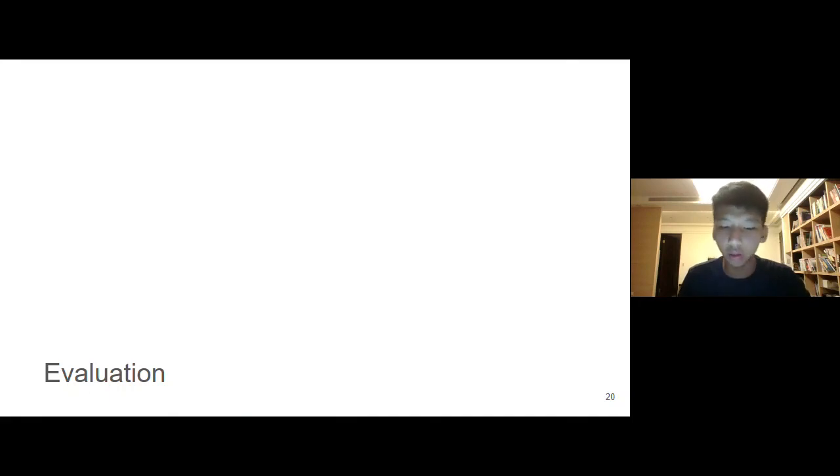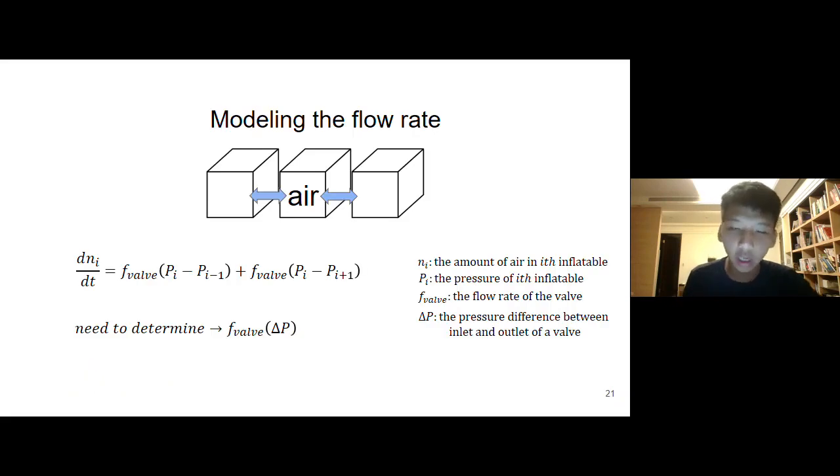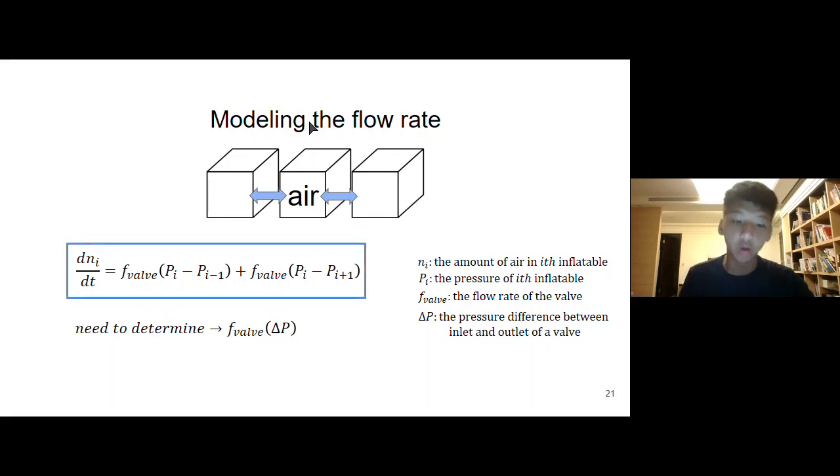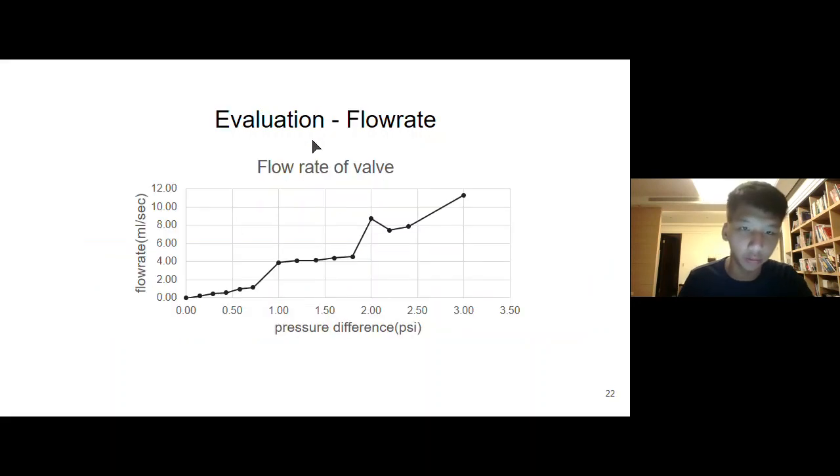Now we know how NeuSeries works. We move on to more technical details. We were particularly interested in the flow rate of the system. So we formulate a flow model regarding the ith inflatable. That is, the net flow dn_i/dt equals inlet flow plus outlet flow.